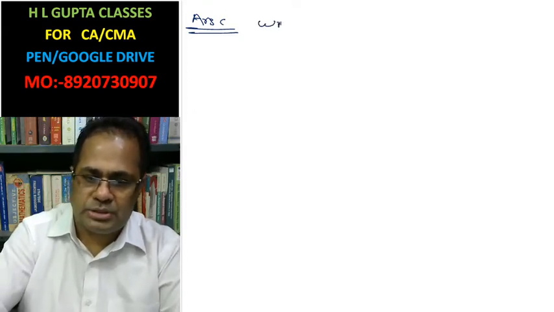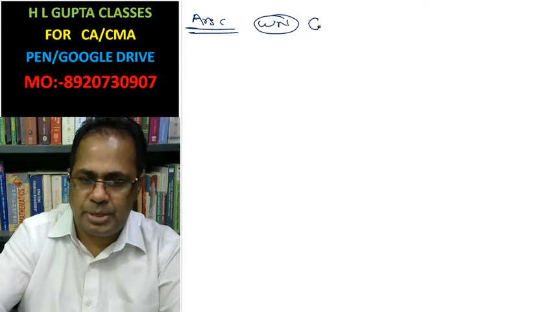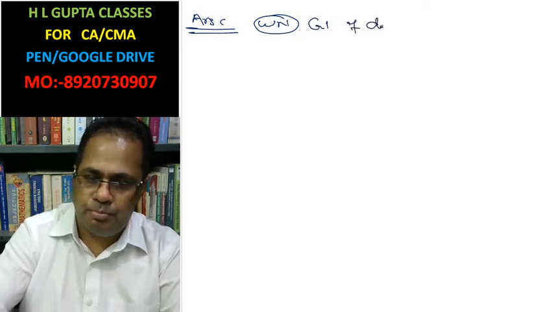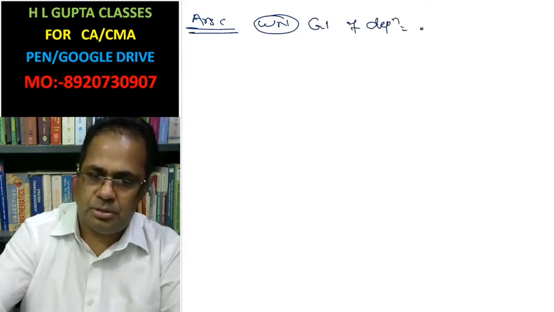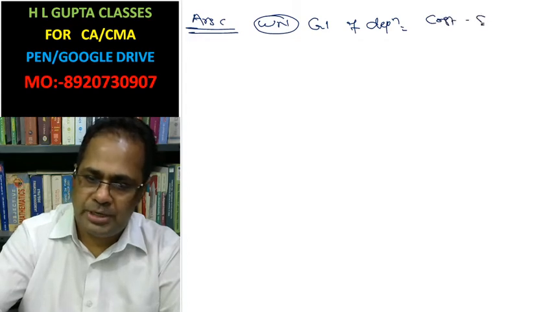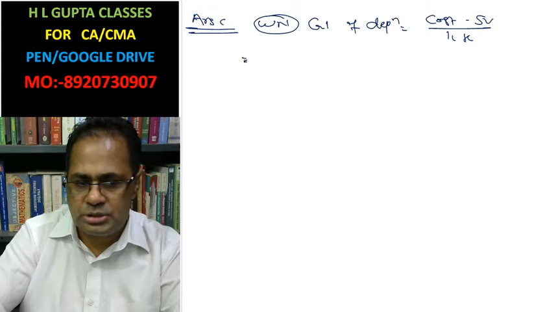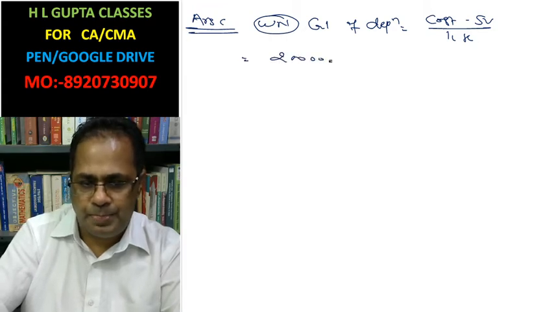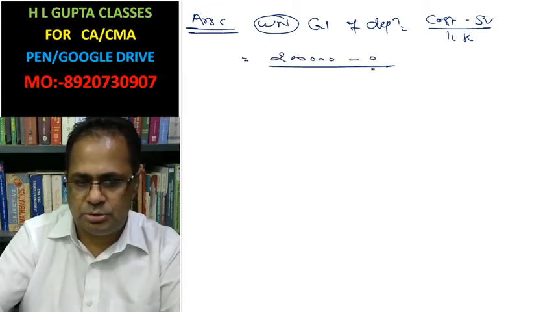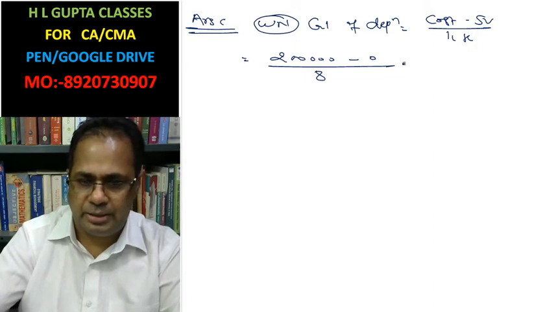Look at here. First, calculation of depreciation. Depreciation is cost minus scrap value over life. Cost is your 2 lakh, scrap value is 0, life is 8 years, so this is 25,000.